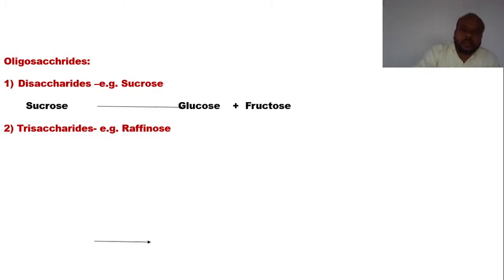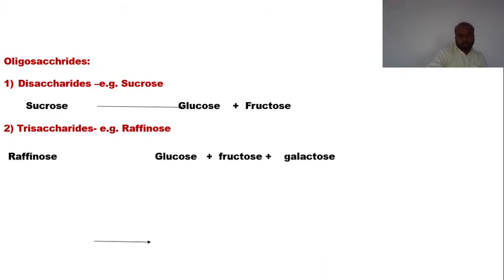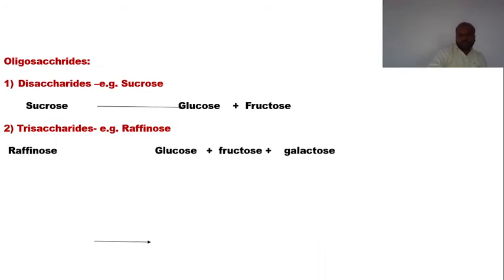Then there is the trisaccharide, the example is raffinose. When raffinose is hydrolyzed, we get glucose, fructose and galactose. So three sugars are there, and therefore we call it a trisaccharide.